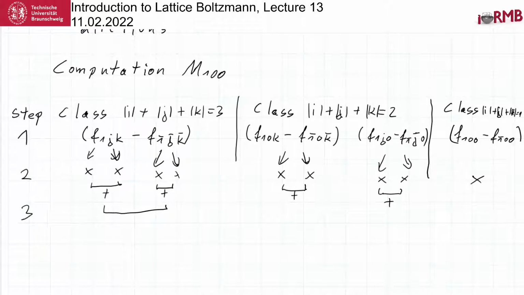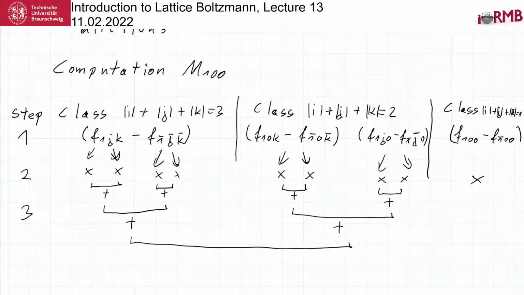Then there's a step number 3 where we sum up these pairs. And after we've summed everything in this group and everything in the second group, we sum the results of these two groups. This is step number 4.